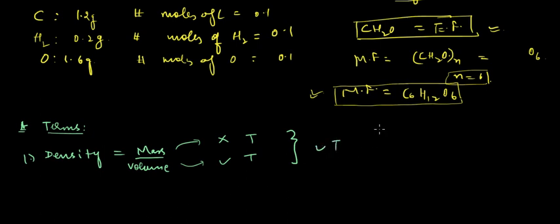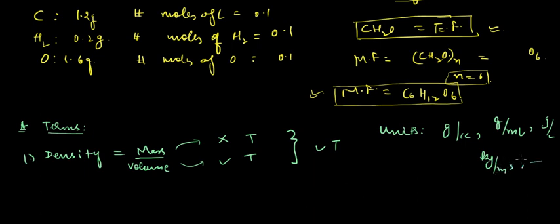Okay, so its units can be gram per cc, cubic centimeter, gram per ml, or gram per liter. We can also have kg per meter cube. So like this we can define the units.